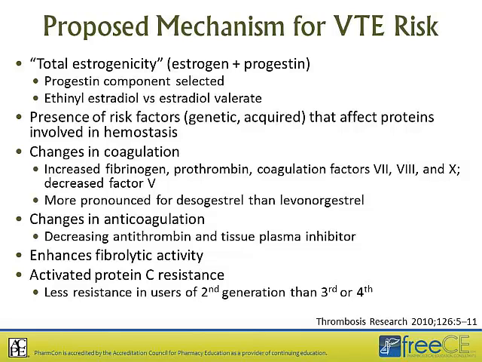What we see here is that the progestin component selected can have a large play in that, and consequently combined contraceptives containing the third or fourth generation progestins have a higher total estrogenicity as compared to the first or second generation progestins, which we've talked about earlier.